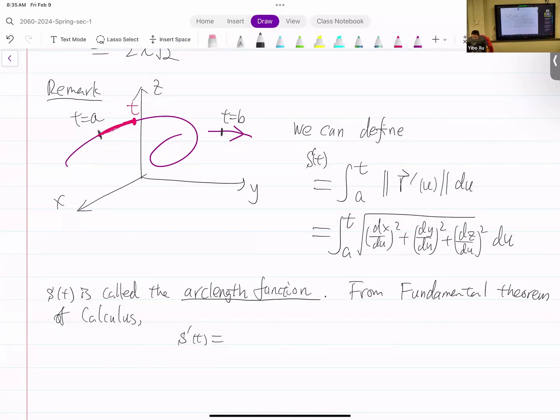And on the right hand side you will get what? So you're integrating the magnitude of r prime of u, right? So if you do the derivative, you will get the magnitude of r prime, evaluated at the time point t. Right? So it's just going to be the magnitude of r prime of t. Okay.